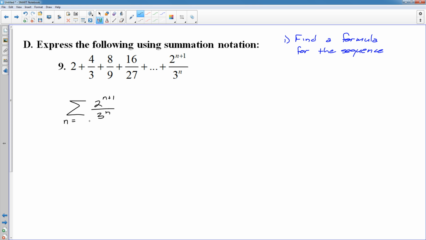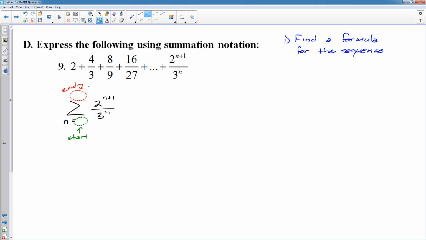I have to know what's the first number for n that I plug in. What do I plug in at the very beginning to give me 2, and what do I plug in at the very end? What's the last thing I plug in for n? So I've got to find out what my starting n is, and I've got to find out what I end with.